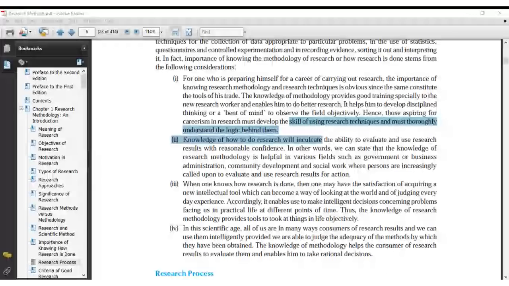DIT, go to the course outline. When you go to the course outline, you will find the codes written there. If your code starts with 03, that is semester 3. If your code starts with 04, that is semester 4. So DCS and DSC, you are semester 4 for research methods.